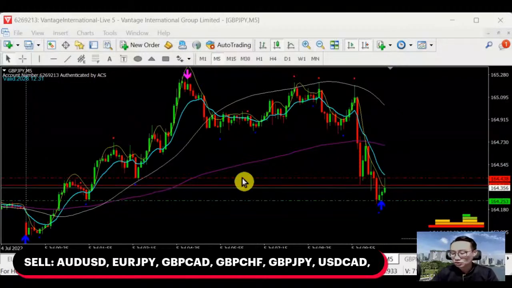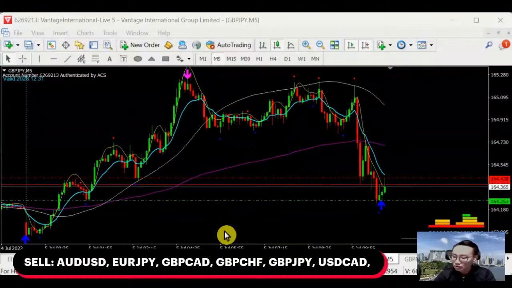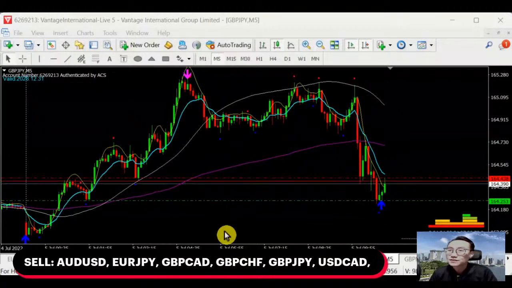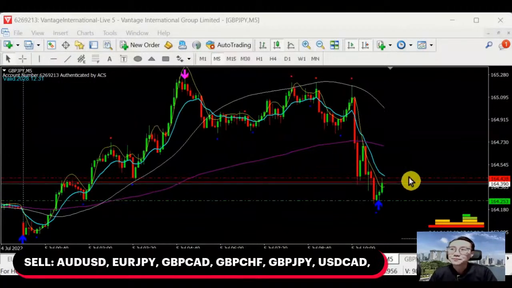So what we are looking at now, we are already in the selling. Manwai, take a look now, I'm going to explain this. Whenever we are in the selling, there will always be a chance that we will meet some resistance.